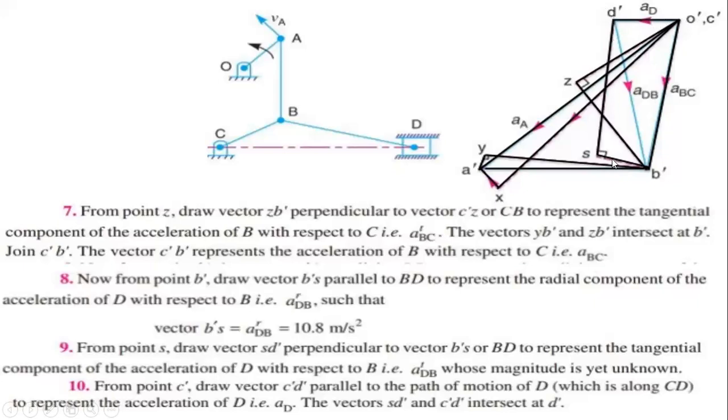So these two lines intersect at the point D dash. So that is the acceleration diagram we have drawn.